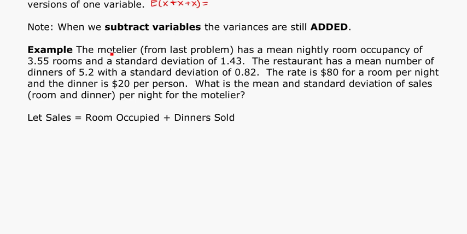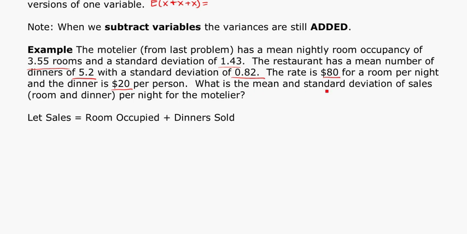So in this situation, the motelier from the last problem has a mean nightly room occupancy of 3.55 rooms and a standard deviation of 1.43 rooms. The restaurant has a mean number of dinners of 5.2 with a standard deviation of 0.82. The rate for a room is $80 per night, and the dinner is $20 per person.